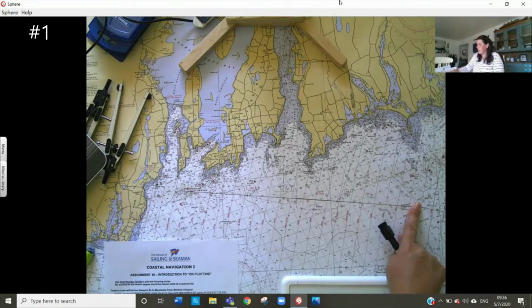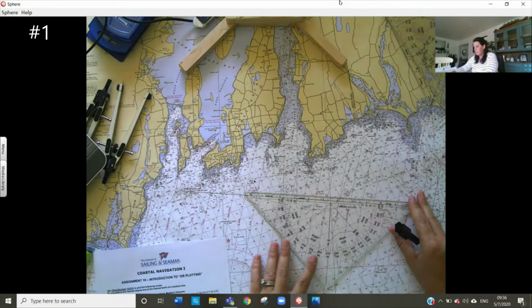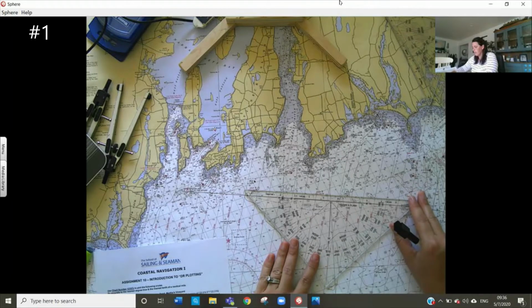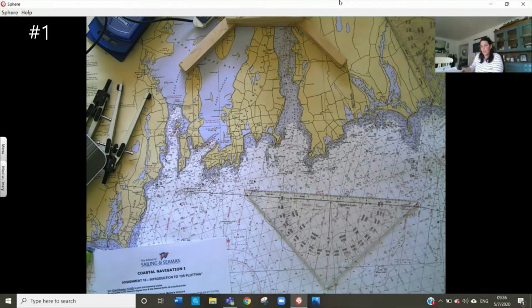First step was to draw the line, connecting. And then we want to figure out what our true course is. If we use a triangle, we can put that triangle on the line in question and the focal point on a meridian. Then we can read at the bottom what our course line is. We're going this way, so this is 090, and this is 100, and so we're in between at 096 for our course.